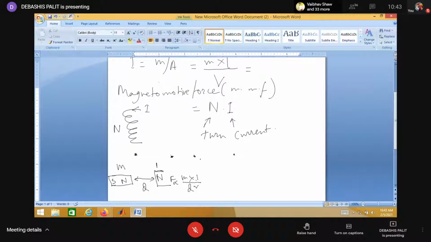If the magnetizing force or magnetic field strength is H, and the effective length you are traveling is L, then the work done by the unit north pole is H into L. So H is the magnetic field strength. Sir, what is the formula of magnetic field strength? That is H.